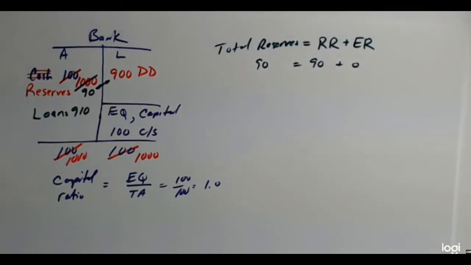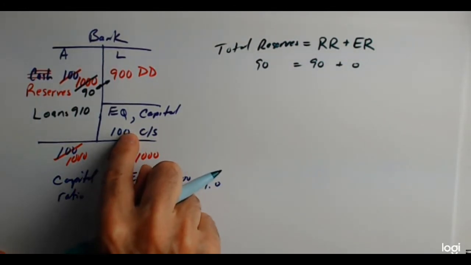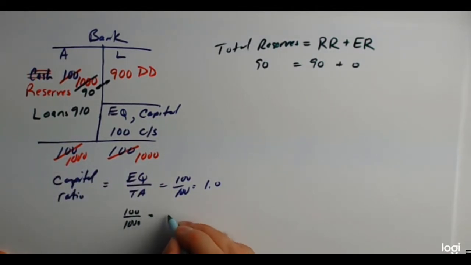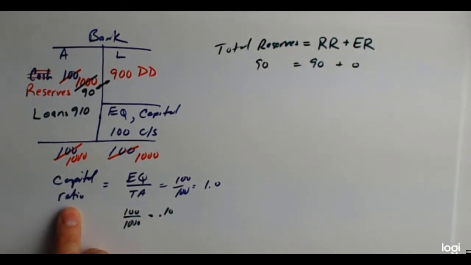Let's calculate our capital ratio at this point. Well, our capital ratio is still 100, our equity is still 100, our total assets are 1,000. And so now we're looking at a more realistic basic capital ratio, which is 10%. Like I said, we'll look at various capital ratios, and this is ballpark reasonable for what we want to do here.